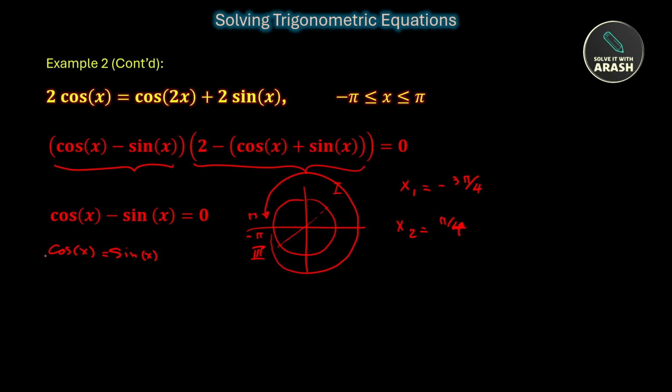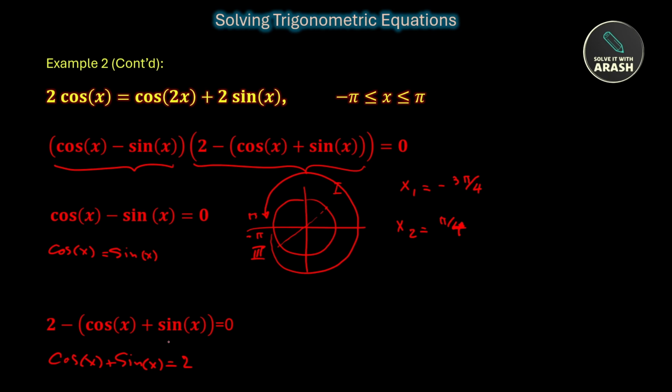Now let's move on to the second factor, which is 2 minus cosine of x plus sine of x equals 0. This means cosine of x plus sine of x equals 2. And we know the maximum possible value for sine and cosine is 1.